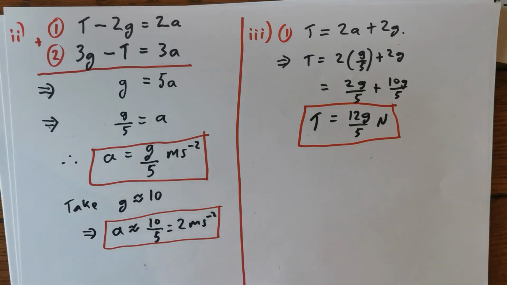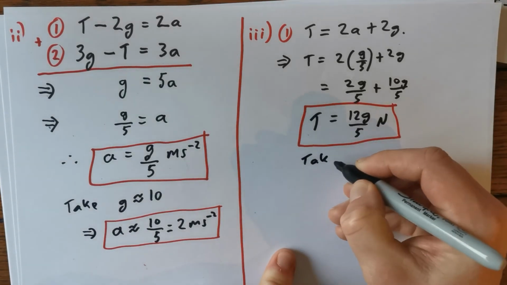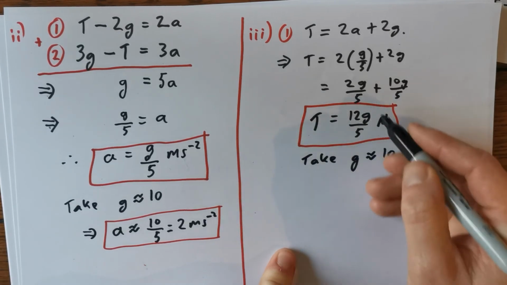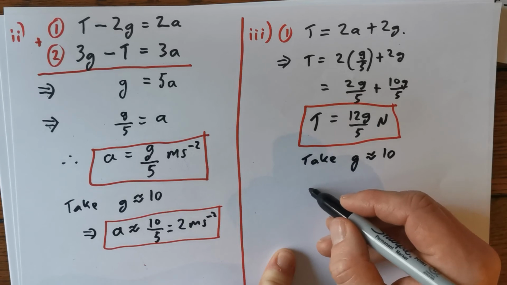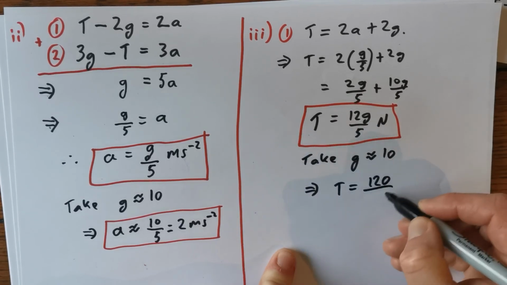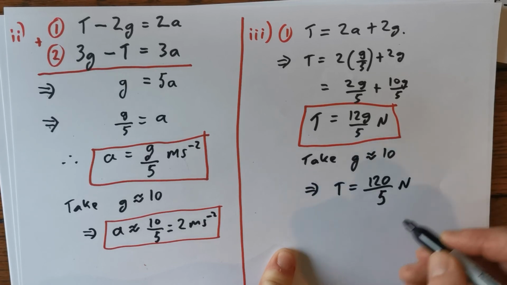Again, if we take, say, g is approximately 10, I can plug that in. That would give me T is approximately equal to 120 over 5 newtons.